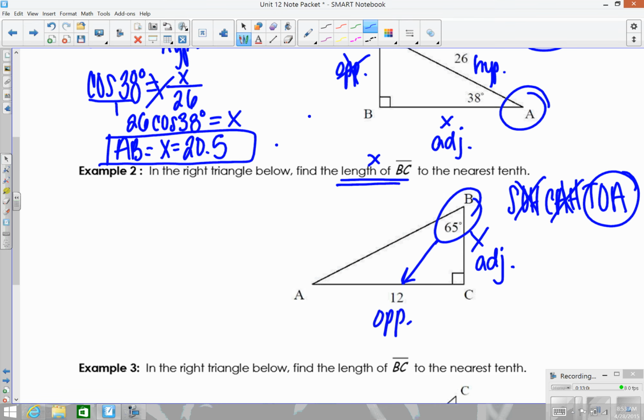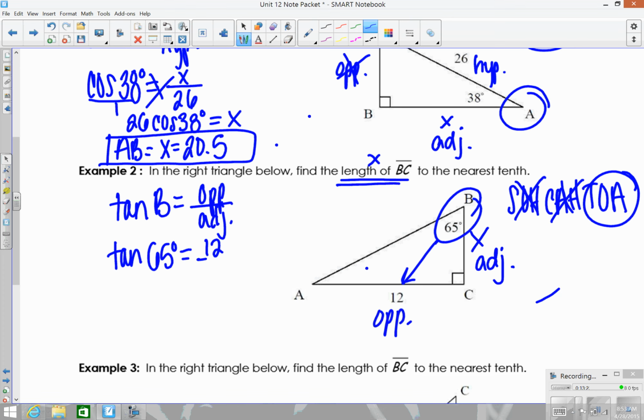so that leaves me with tangent. Tangent of angle B is equal to opposite over adjacent. So tan of 65 degrees is equal to opposite, which is 12, over the adjacent, which is x. Put this over 1 because that's just a number, and then cross multiply.